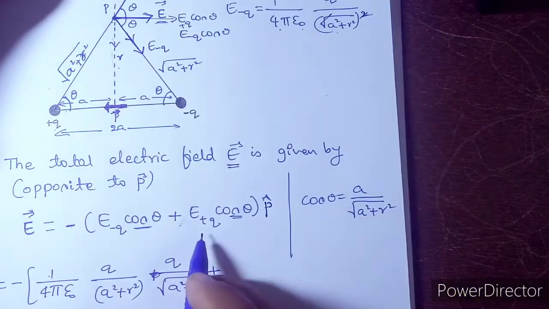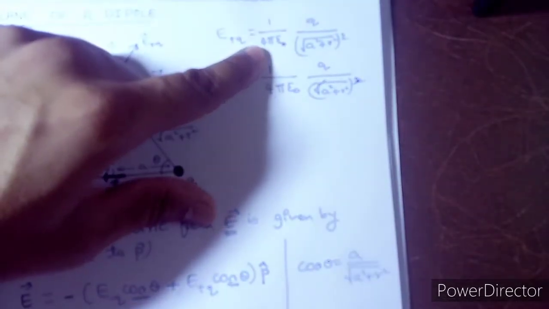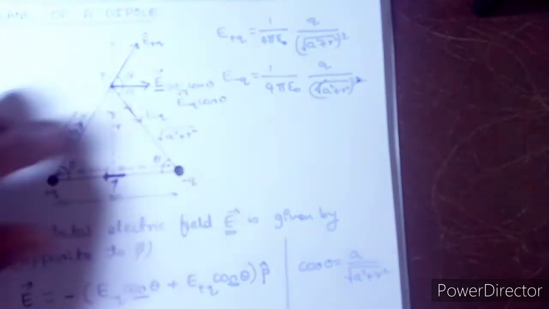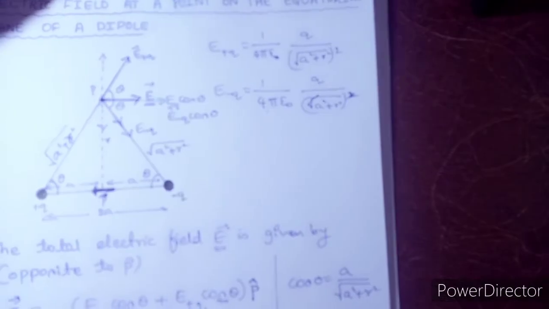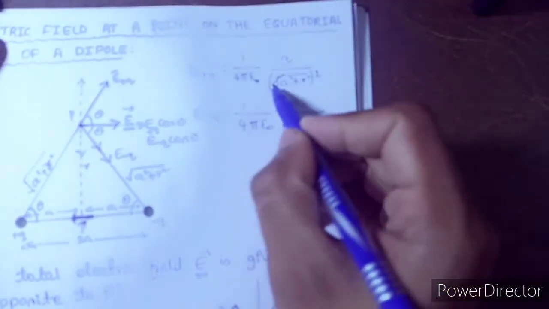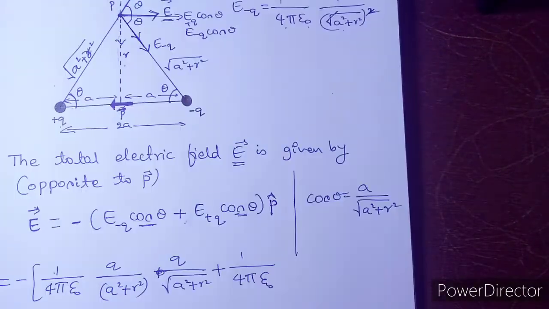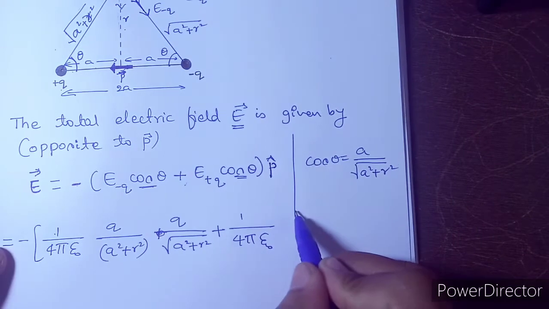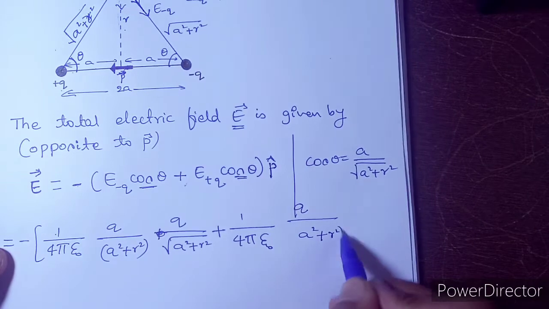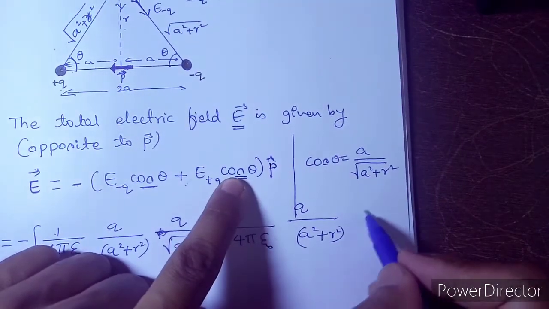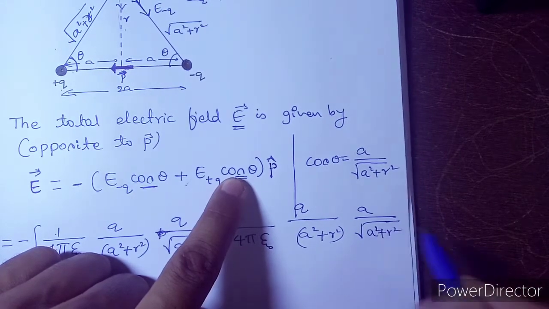E plus Q is 1 over 4 pi epsilon naught Q divided by a square plus r square, because here also the square root will get cancelled with the square.